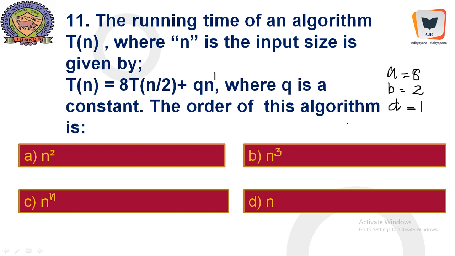If in this case A is greater than B to the power of D, then the complexity is big theta of n to the power of log A to base B. This is the readily available formula according to Master's theorem.